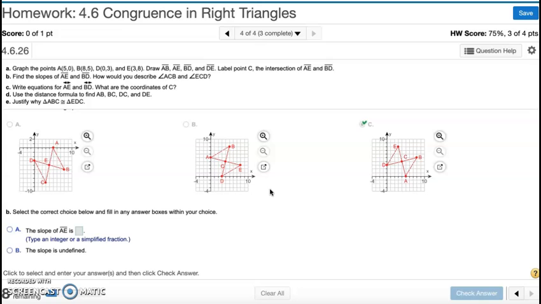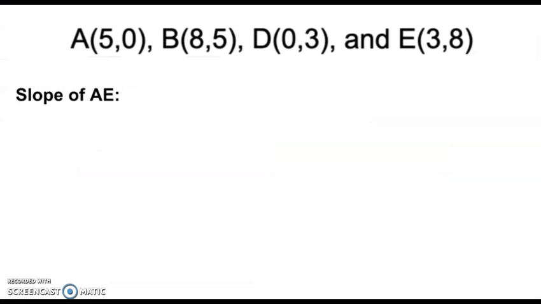Now, the second part wants you to find the slope of segment AE and BD. To find the slope of AE, we have to use change of y over change of x, the slope formula. The y coordinates of A and E are 0 and 8. The x coordinates are 5 and 3.